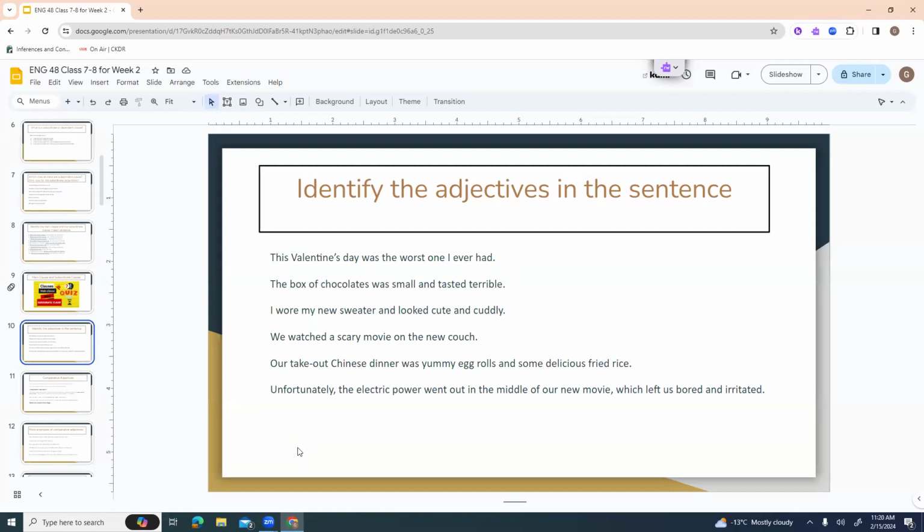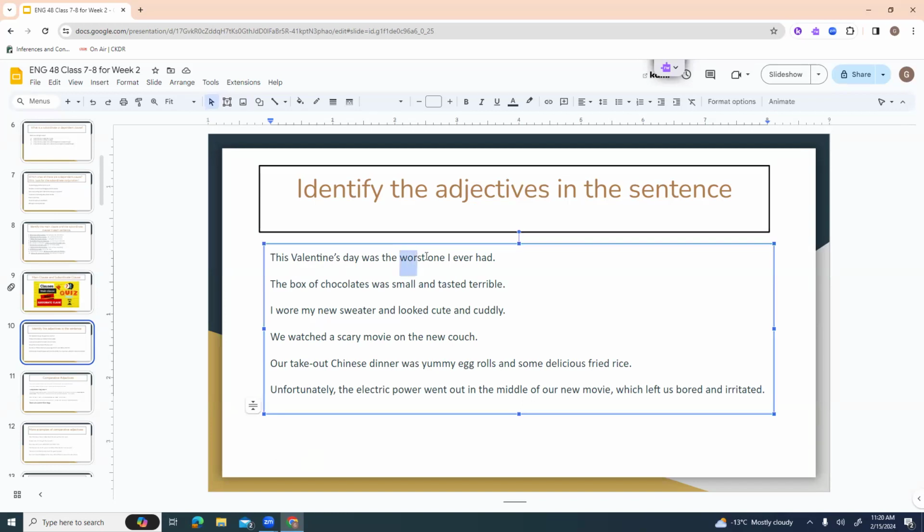Okay, adjectives. I would say worst one. Worst is definitely one of your adjectives. And I would also say Valentine's Day. Valentine's is describing the day to me. It's what I would consider a purpose adjective. Some people might disagree and say Valentine's Day is the name or the noun of the holiday, and I think that would be valid too.